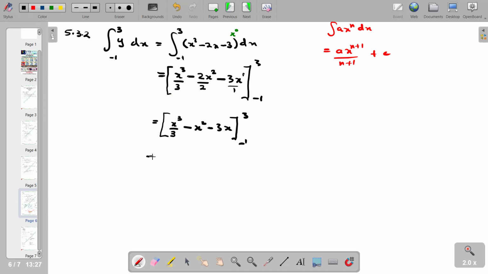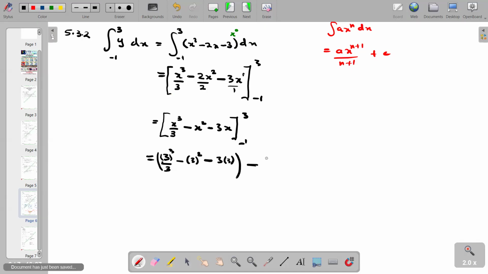We now substitute our upper limit first. It's going to be 3 cubed over 3, minus 3 squared, minus 3 multiplied by 3.